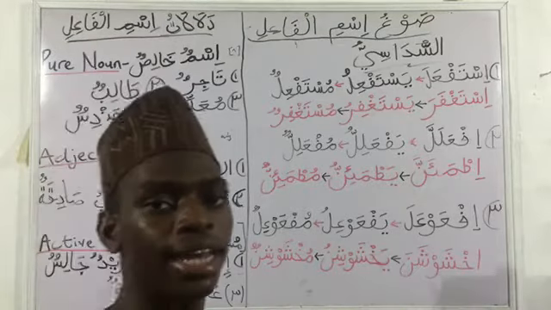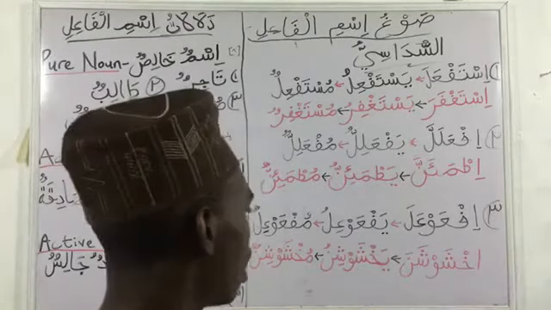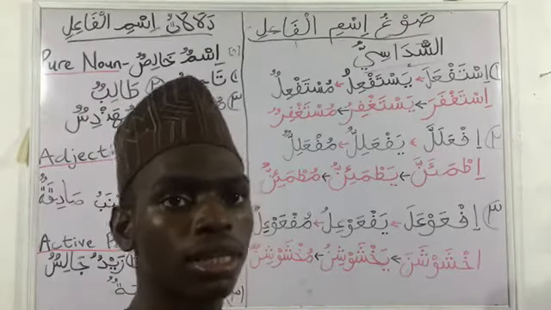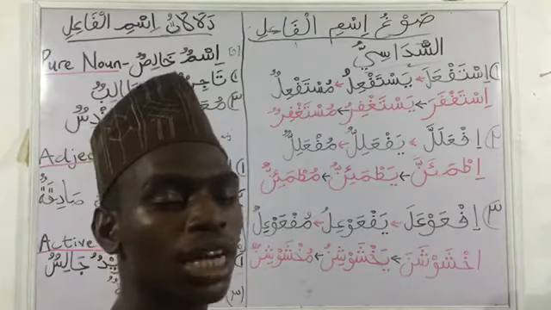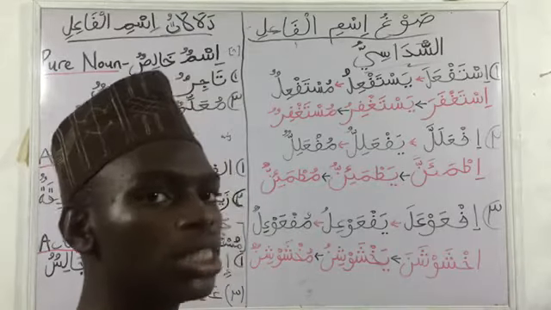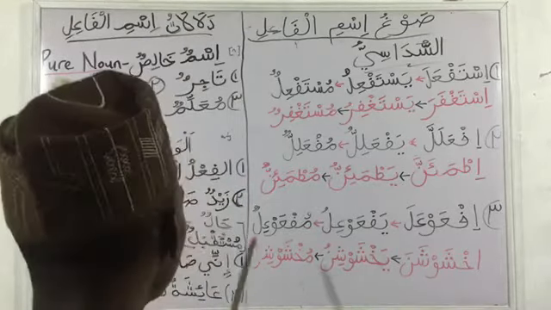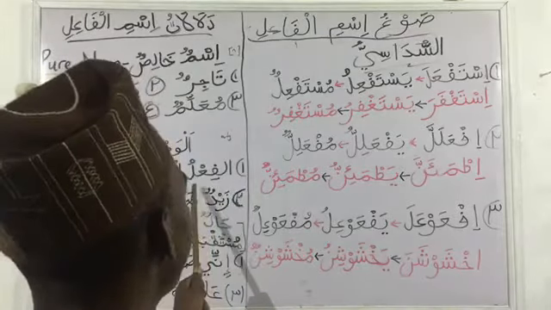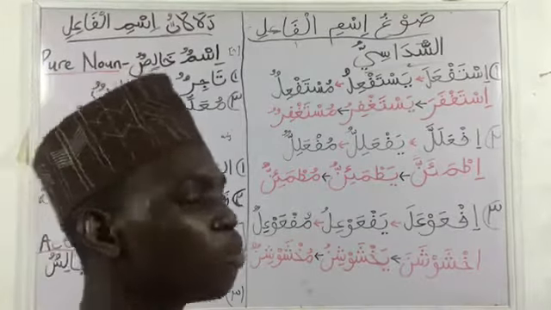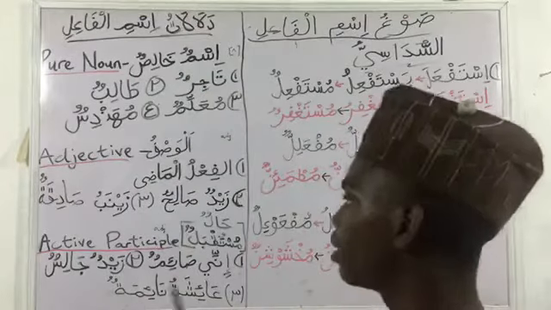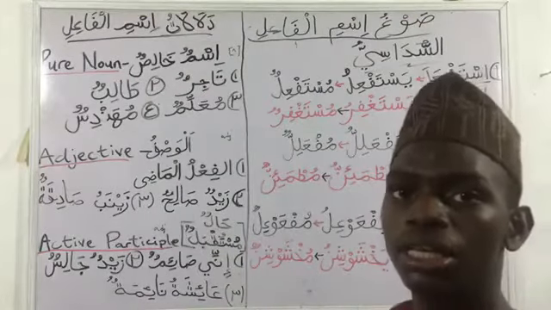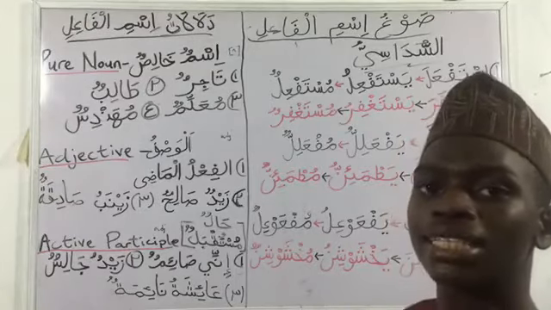So Ismul Faa'il can denote a wasfu in the sense that it is describing another noun. So we can use Ismul Faa'il to describe another noun. An example is what? Al-Fi'l Madi. We'll be mentioning that the past tense verb.